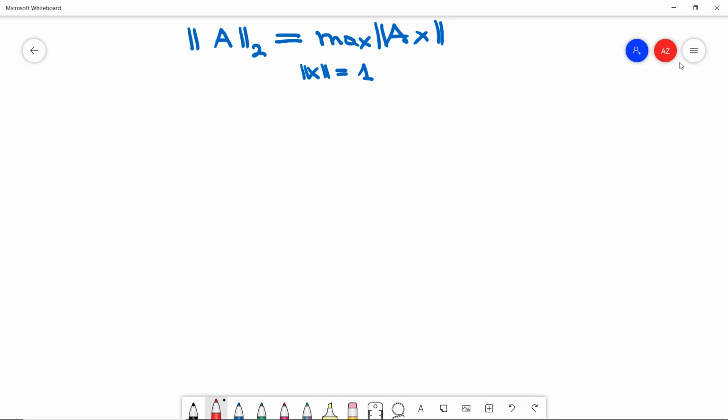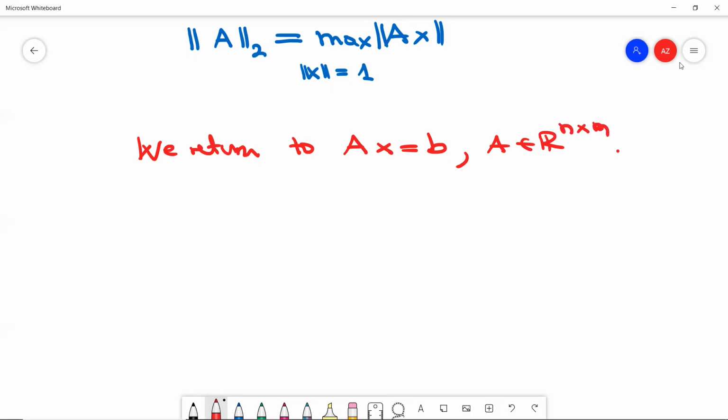So we return to our system AX is B, and A is an n times m matrix.